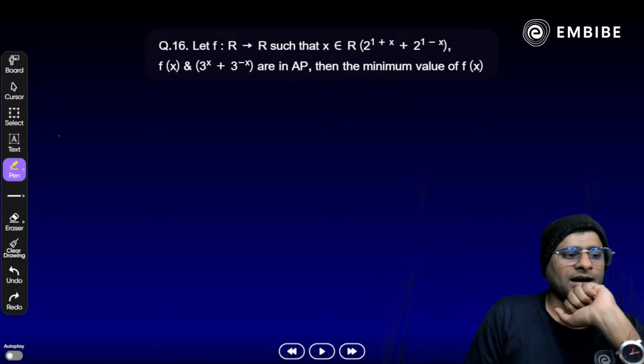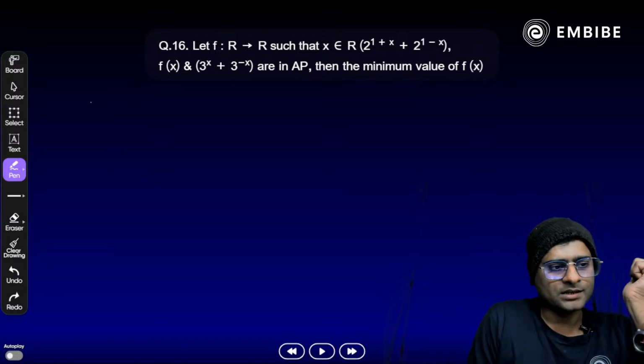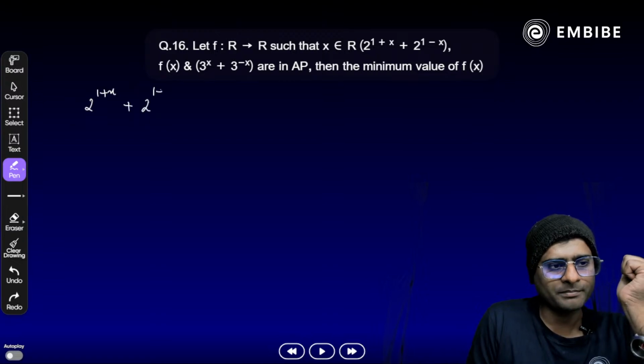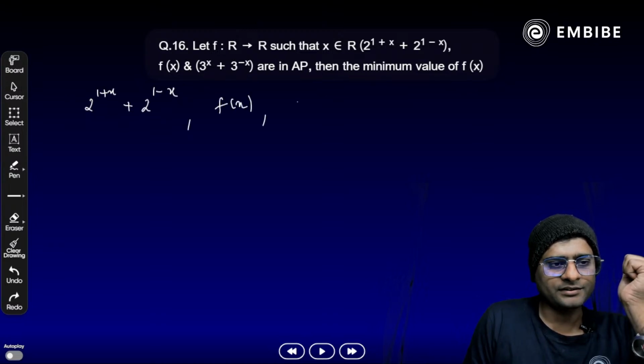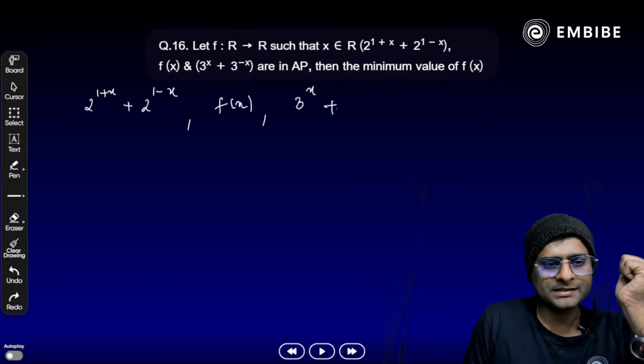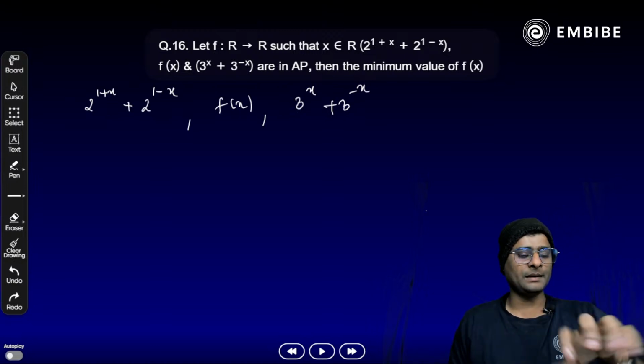So basically we have 2 raised to power 1 plus x, 2 raised to power 1 minus x, f(x), and 3 raised to power x plus 3 raised to power minus x, they all are in AP.